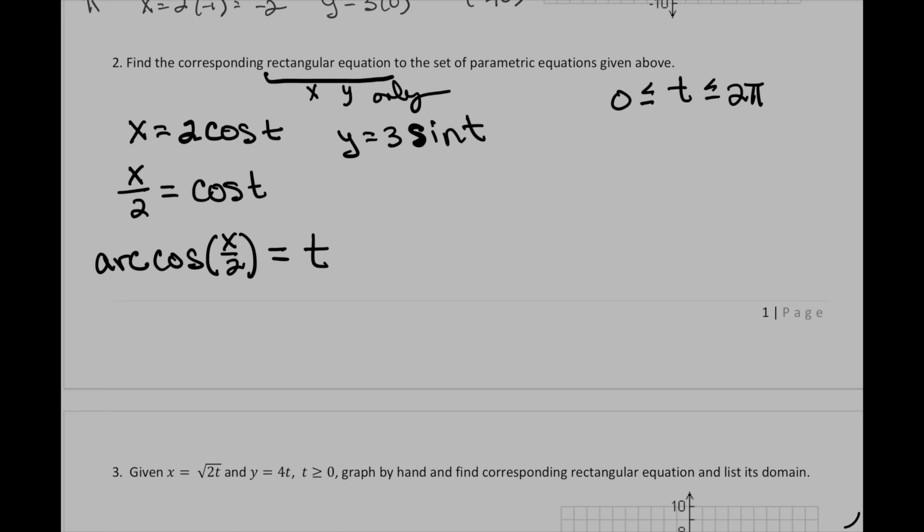Now, let's think about this for a second. As t goes from 0 to 2 pi, cosine of t goes from -1 to 1. And if I multiply by a 2, that means 2 cosine of t goes from -2 to 2.